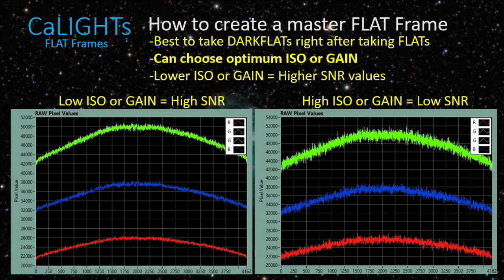Lower ISO or gain means that the camera needs to collect more light to reach the proper exposure. As the amount of light collected increases, so does the signal-to-noise ratio. This is because for an imaging chip, the signal-to-noise ratio associated with light increases with the square root of the amount of light collected in its pixels.